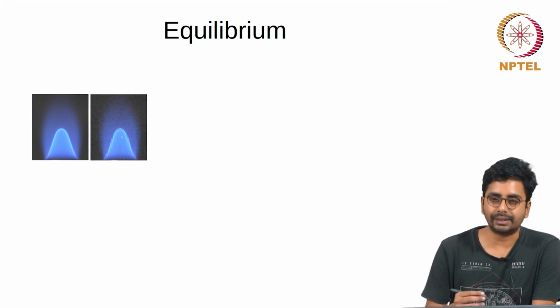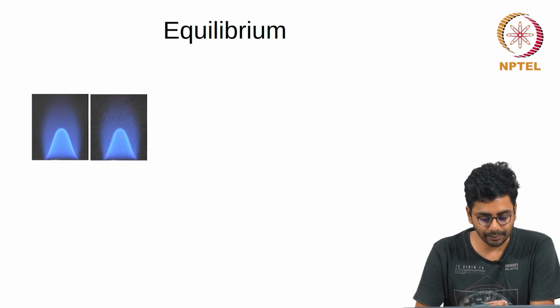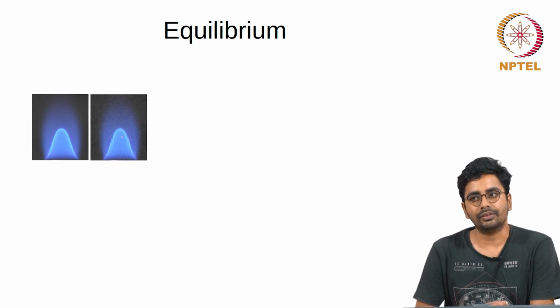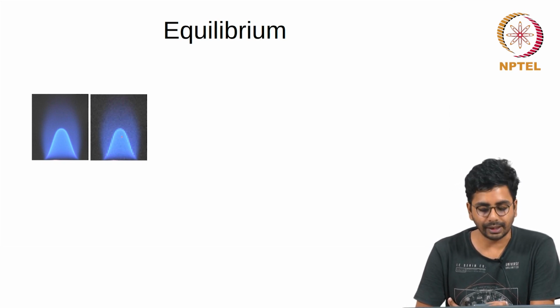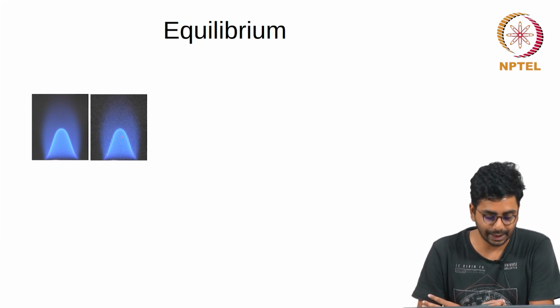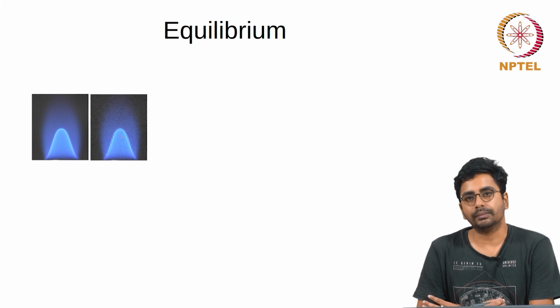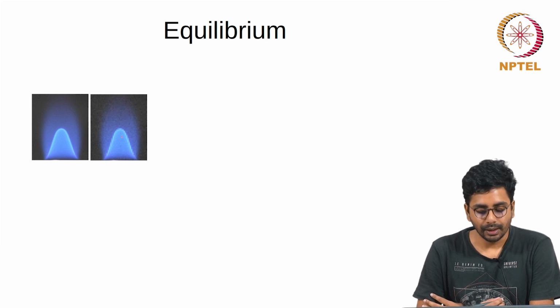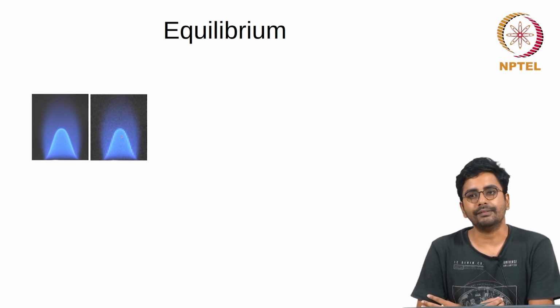The natural question is how small can the volumes be, and then we saw that the lower limit is such that the continuum assumption is not violated, and the upper limit of it is the flame thickness.